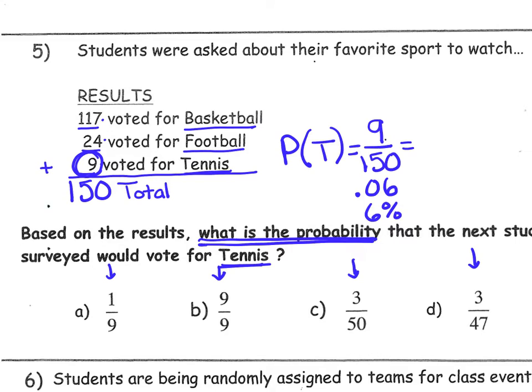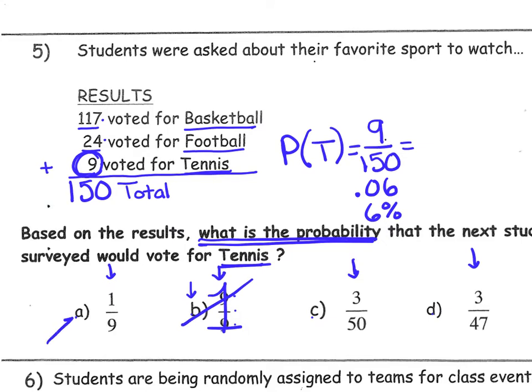Now, you can convert all these fractions to decimal form and see which one of those has the same percentage rate as 9/150. For example, take a look at choice B. We know 9 divided by itself is 1. That's clearly not the probability here, so we can eliminate that.